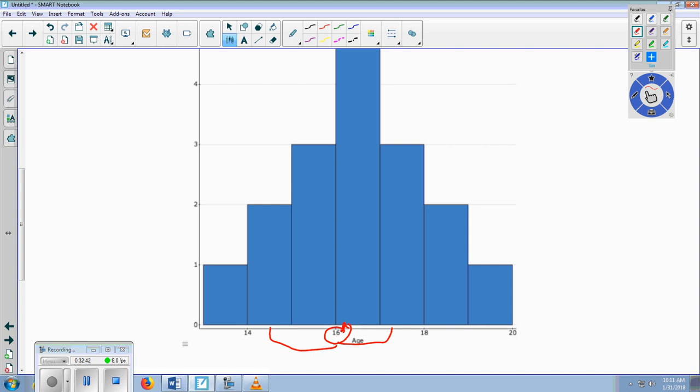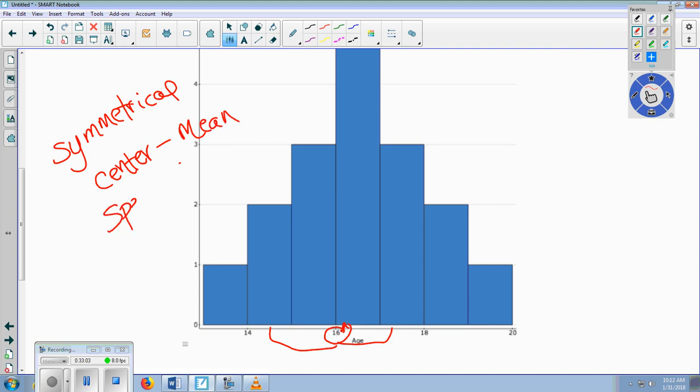And that wraps it up. Today we talked about a symmetrical distribution for shape, and that when we want to talk about center for symmetrical, we're going to use our mean, and when we talk about spread for a symmetrical distribution, we're going to talk about standard deviation.